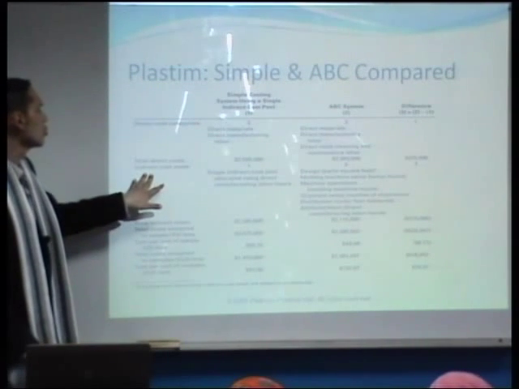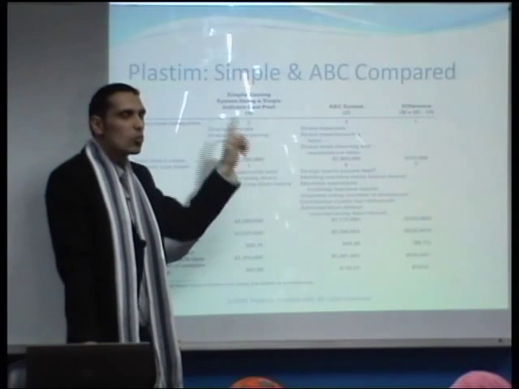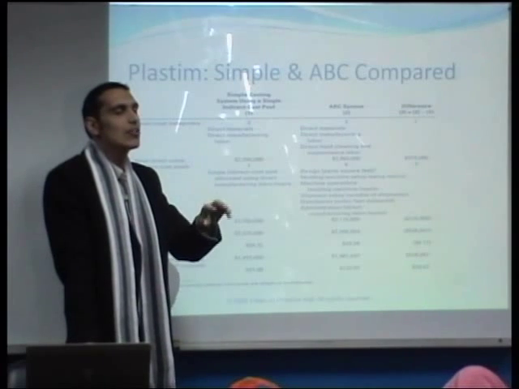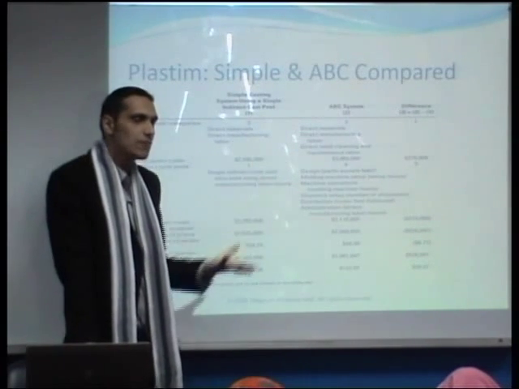Also, the total indirect cost pools. The indirect cost pools for the simple costing was only 1. All indirect costs were allocated according to only one allocation base, using a broad averaging factor.